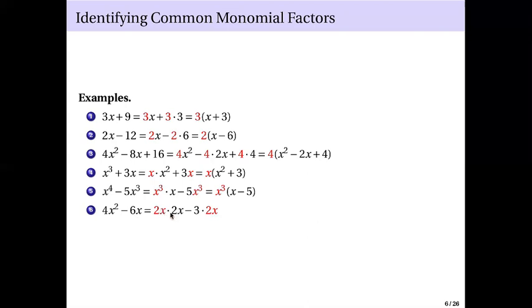So we can see clearly here that 2x is a common factor, so we can factor that out. And therefore, we have 2x times 2x minus 3. So this is the complete factored form of this expression.